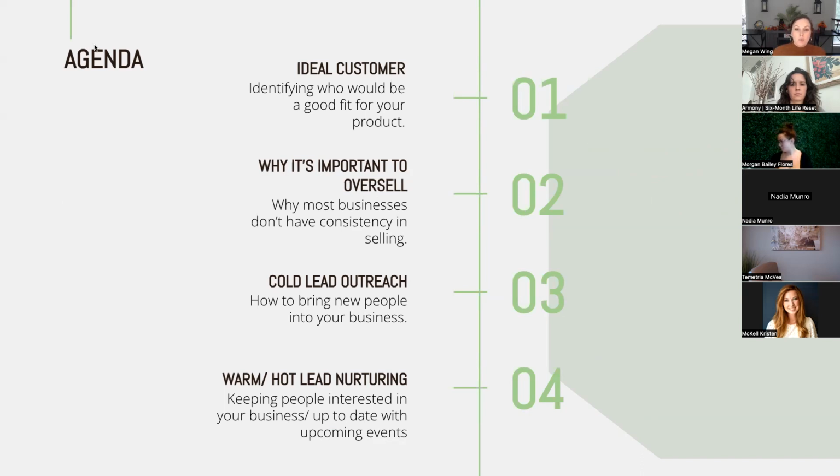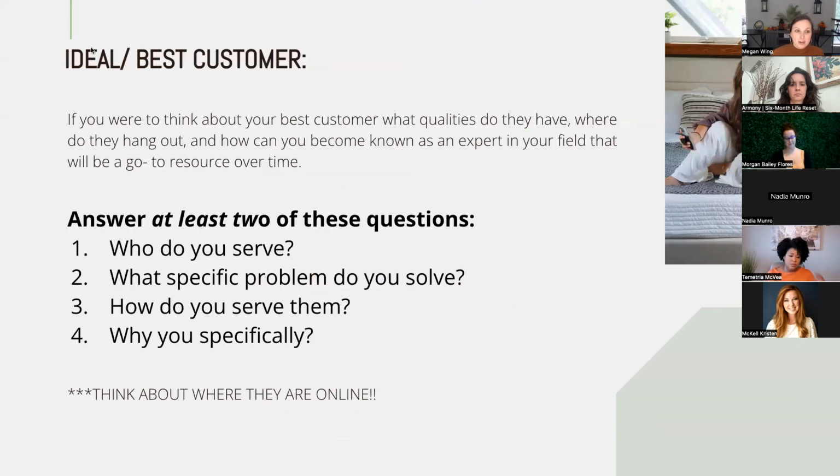Then we're going to think about why it's important to oversell. This is a skill that is important for you guys to understand so that you have more consistency. Then we're going to talk about how to do cold lead outreach and how to bring new people into your business, along with a little bit of warm and hot lead nurturing. So we're going to get started by talking about your ideal or best customer.